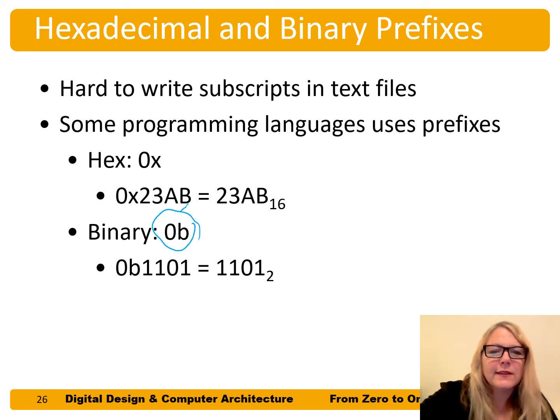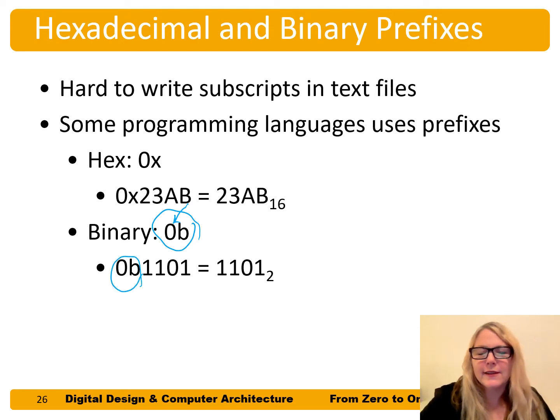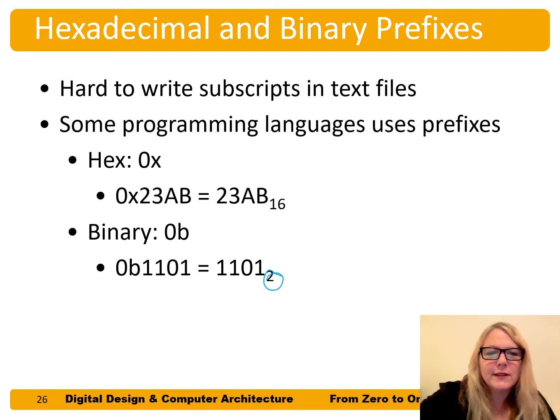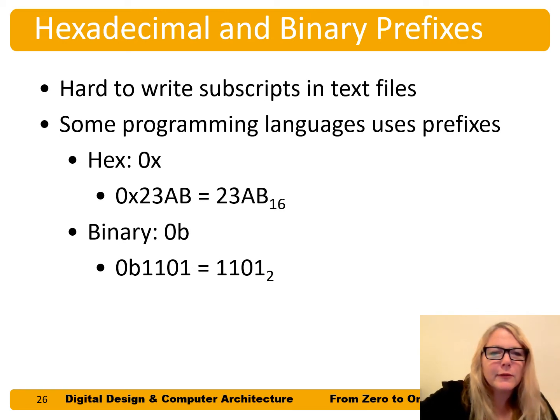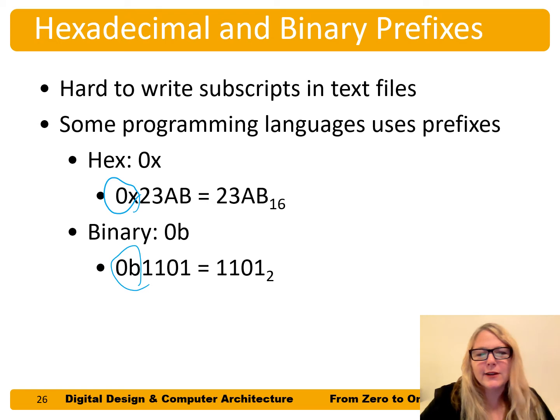Again, this is the number 0, not the letter O. So 0b1101 is the same as 1101 base 2. And you can use whichever version you want, the base 2, in written assignments and exams. But this is the most common way to write a hex number, and binary numbers can be written with that prefix 0b.